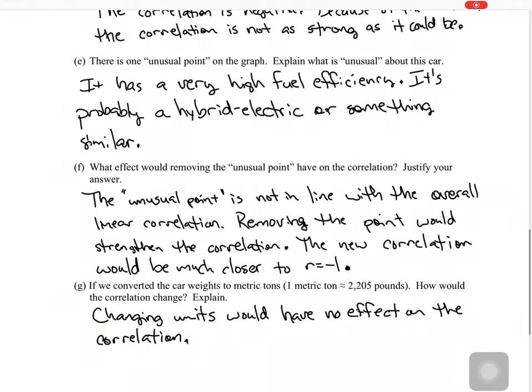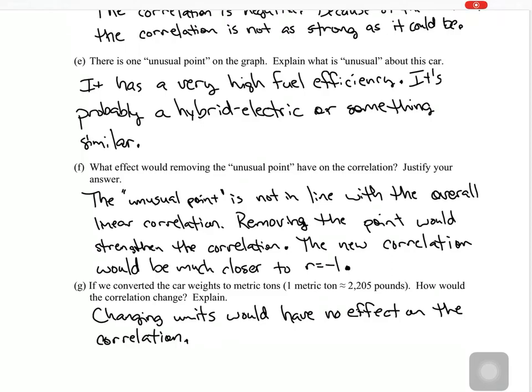So F, what effect would removing the unusual point have? We have to realize that the unusual point not being in line with the overall linear correlation means that if we remove it, then the points that remain are closer to a linear correlation, and it's a stronger correlation.